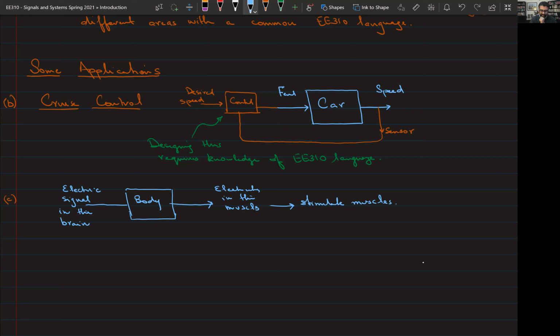And this sort of knowledge would allow you to build artificial limbs. I mean, this is sort of broken here, right? And there may be patients who suffer from paralysis where these electrical signals are not being generated effectively, right?